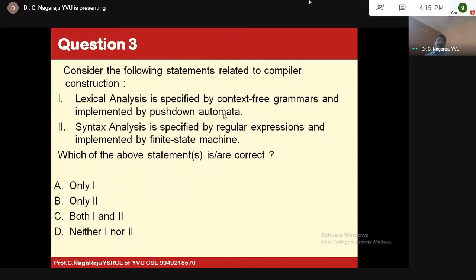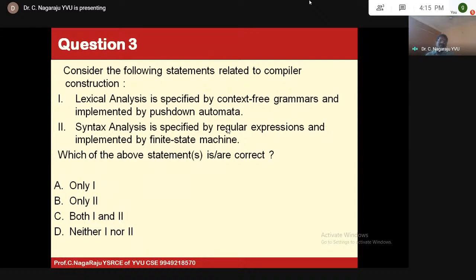Understood that? Theoretically, if you are good at basic concepts, then only you can answer this kind of question. But 90% of the students are not concentrating on theory, only on the problems.